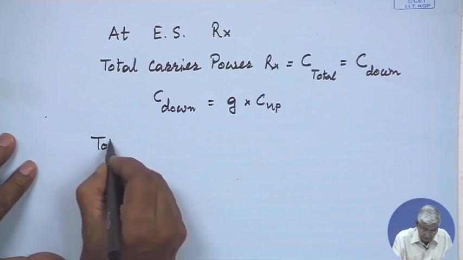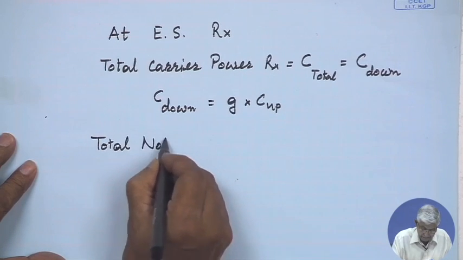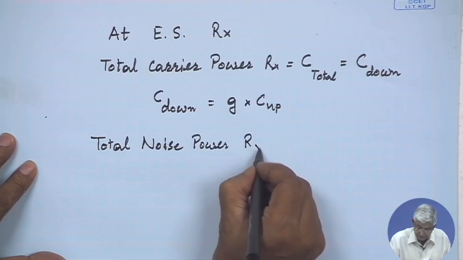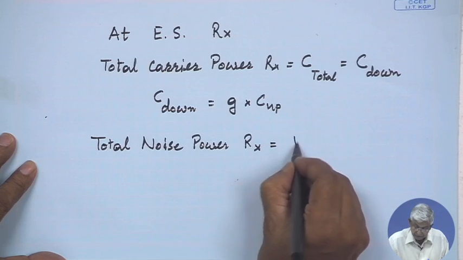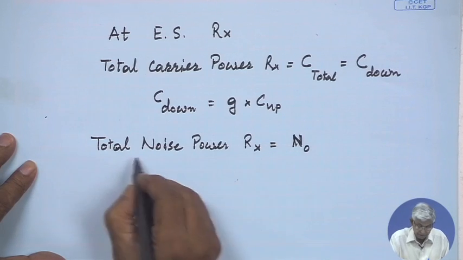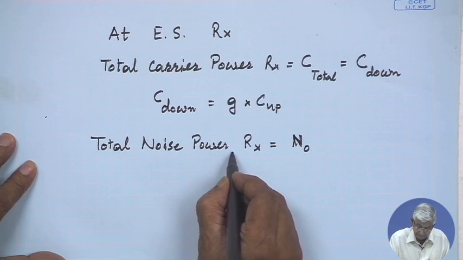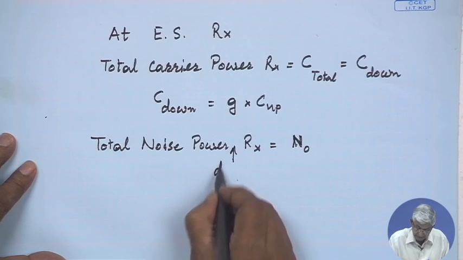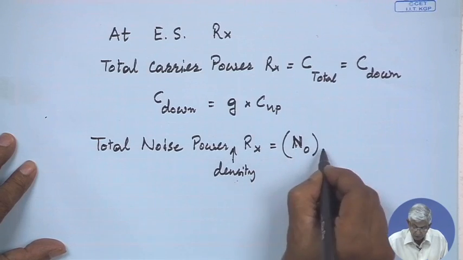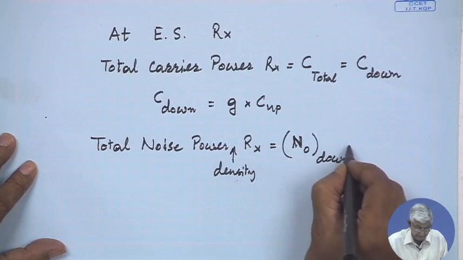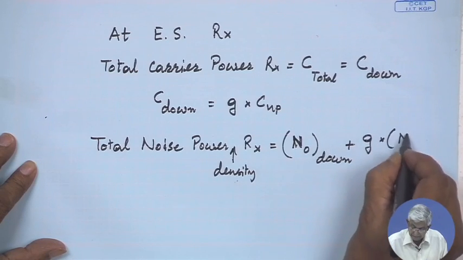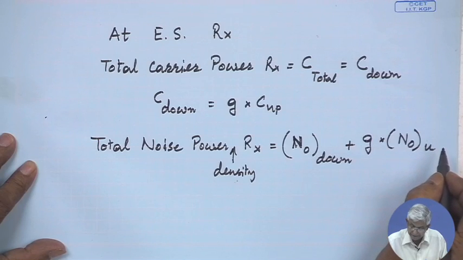Similarly, the total noise power at the receiver, if we say noise power density N0, is the N0 of the downlink plus the satellite gain multiplied by the N0 of uplink.